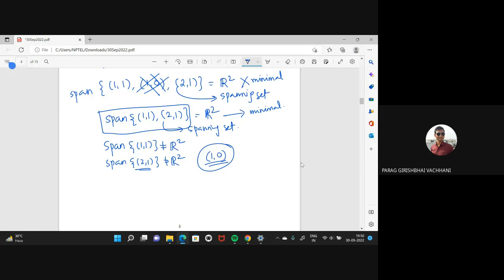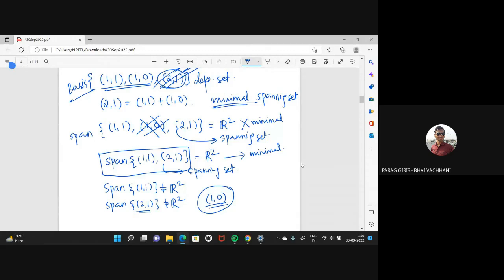Yes. I have a doubt, ma'am. Yes, please go ahead. For the Rn space, the cardinality of the spanning set is always n. Cardinality of a spanning set can be greater than or equal to n, right?